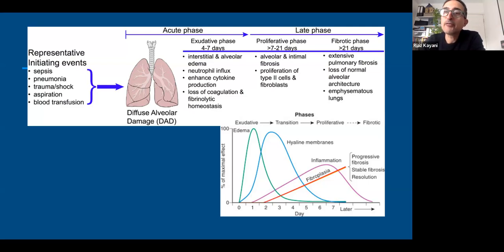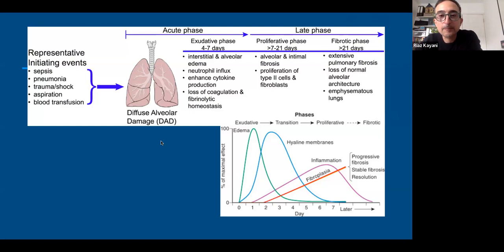And then you have another phase, which is the proliferative phase, in which you get fibroblast proliferation, and then you start to get fibrosis. And then you go into a fibrotic phase, which is, I guess, the body trying to heal. And so you get lung fibrosis and alveolar structure changes, and things like emphysema.